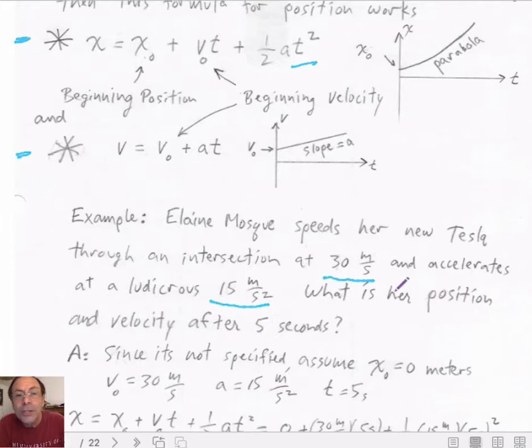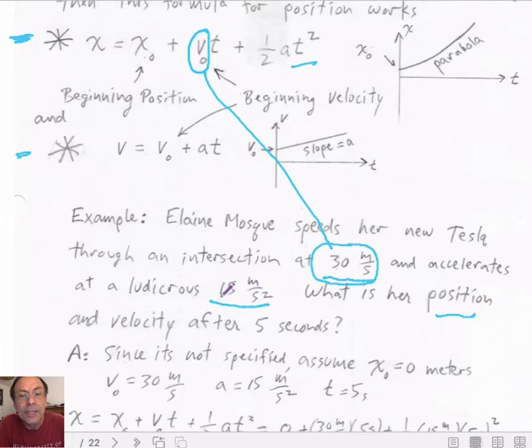Okay, so what is her position? So that means we're going to be using this formula here, right? And we need to do some matching up. So 30 meters per second is, I think that's the beginning velocity, right? So we're going to match v0 with 30 meters per second. And this is an acceleration, right?